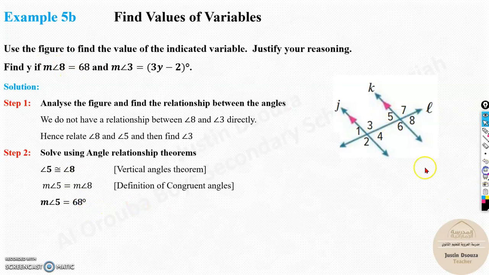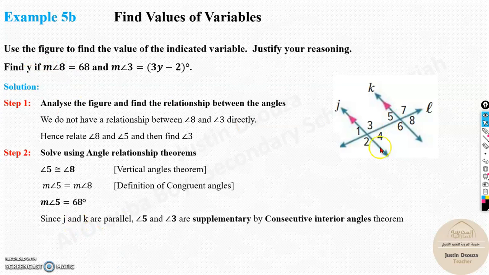Okay, that is fine. Now, how do we get a relationship between 3 and 5 so that we can find y? We know they are on the same side, so they are consecutive interior angles. In one of the theorems we had seen in the video, when we saw the same side, I forgot to tell, whenever they are on the same side, they are supplementary.